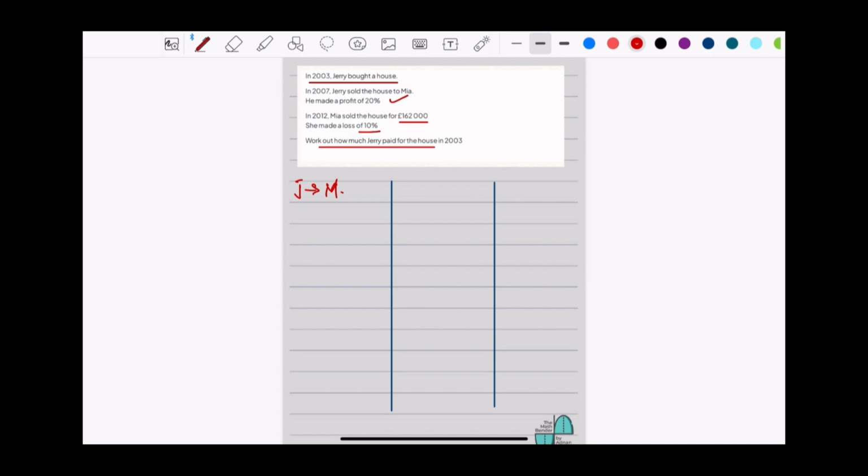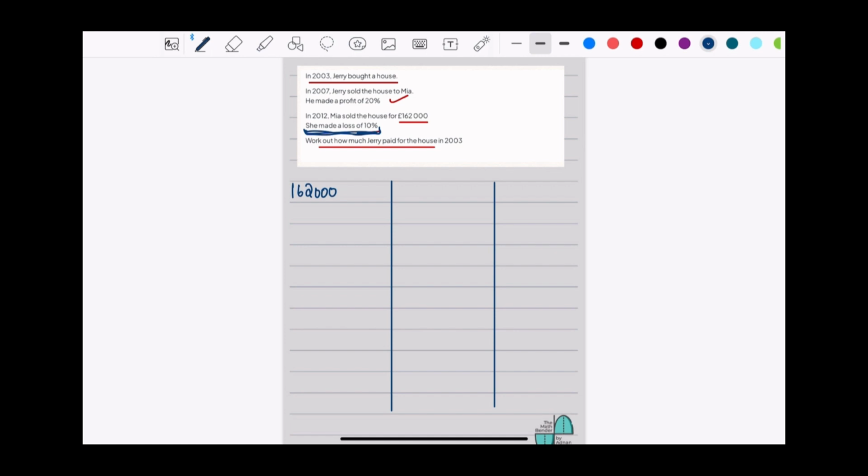So, rather than solving this question from top to bottom, this question can be dealt with from bottom to top. So, we go the other way. Mia sold the house for $162,000, and she made a loss. This price that she sold at was at a 10% loss.